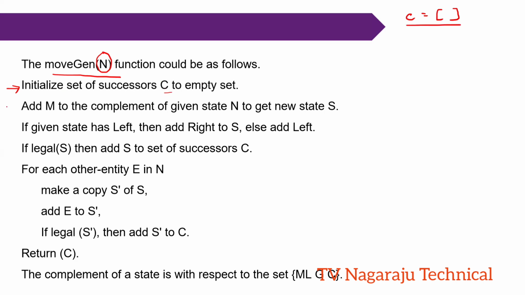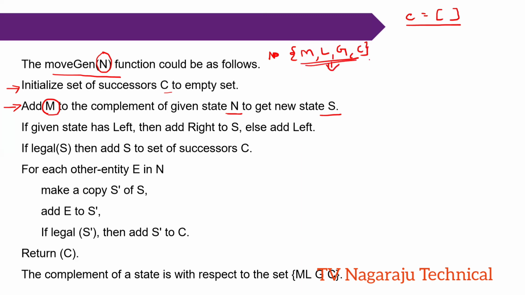Okay. Now, next step, add M. M is man. Add M to the complement of given state N to get a new state S. First of all, what is meant by complement? That is the most important. For example, assume we have a set M, L, G, C. Now, what is the complement?